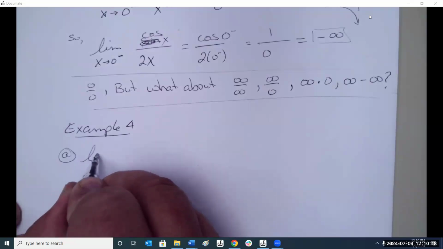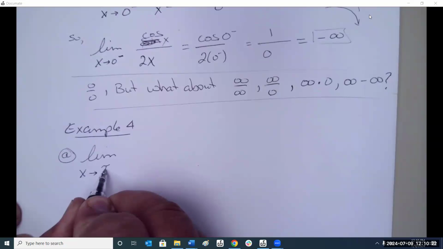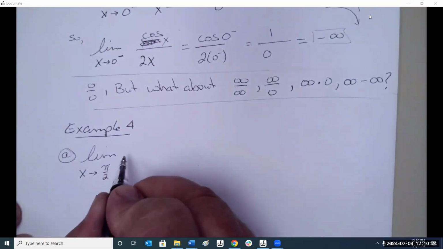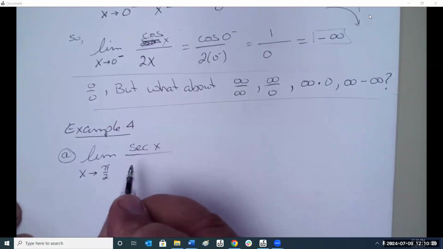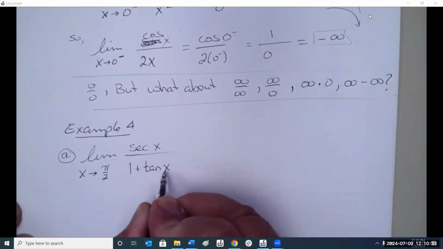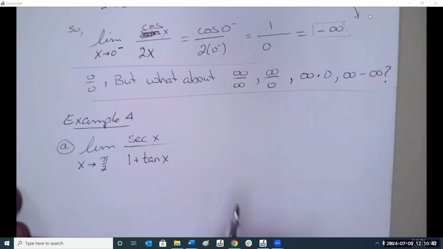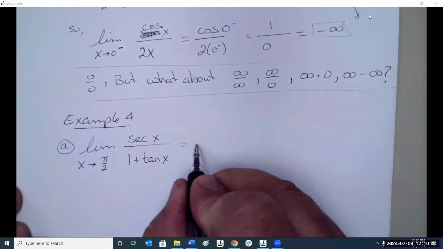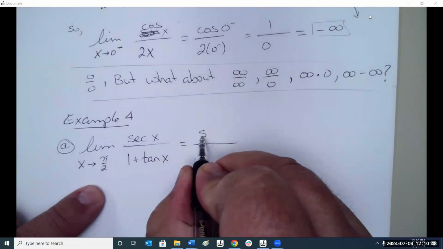So we have the limit as x approaches pi over 2 of secant x over 1 plus tangent x. Our first step is just to plug in our value.